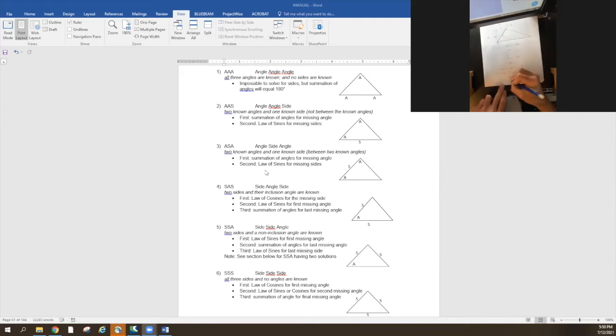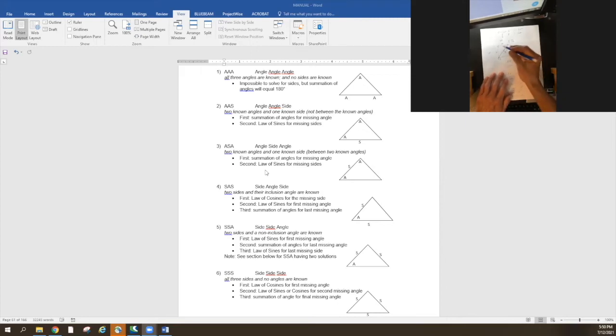Square root of x squared, square root of 20,000. 141.421 equals x. So I know this distance is 141.421 feet.